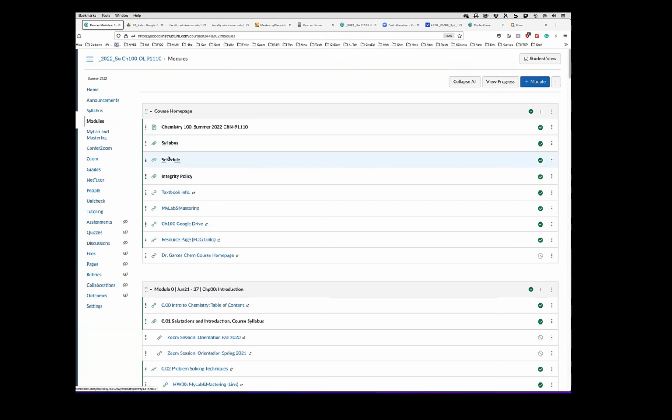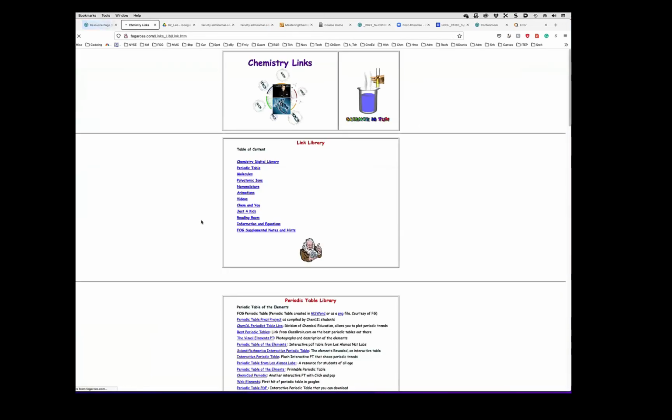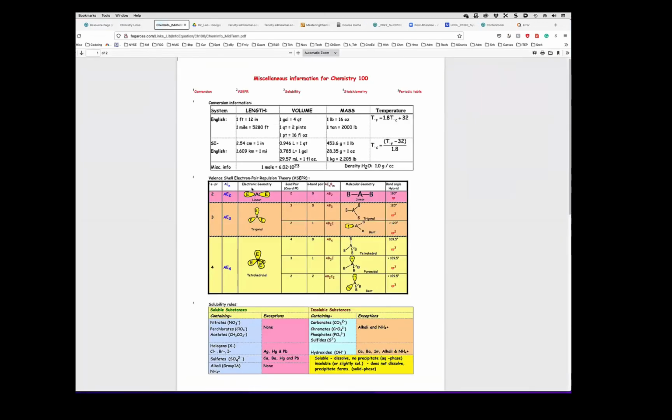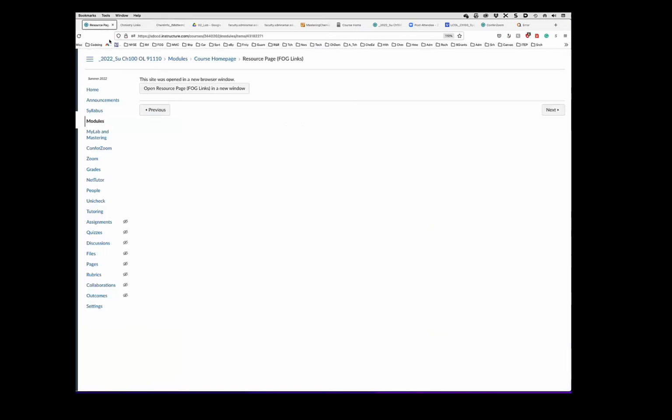The syllabus, the schedule, the integrity policy, the textbook information, my lab and mastering, Google Drive, resource page. This is a really good information page where you get a lot of information, especially right here, information and equation. If you click on that and just download this right here, it gives you a lot of conversion factors and information when we get to certain sections of the course.